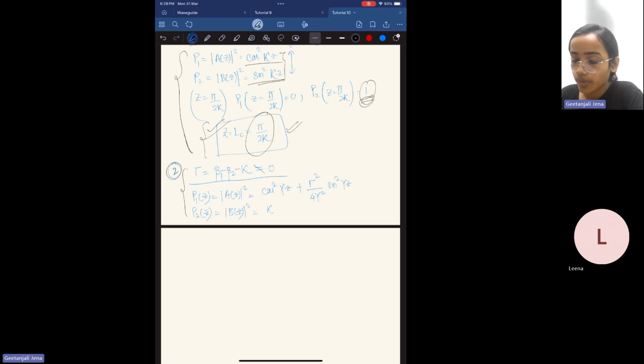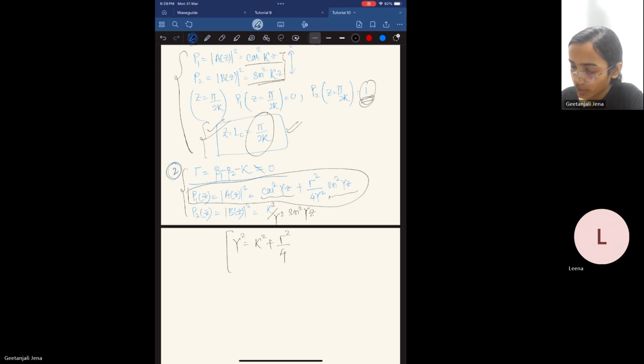When we have gamma not equal to 0, the power expression is: for the TE0 mode, cos square of the square root of kappa square plus gamma square by 4 times z, and for the TE1 mode, kappa square over the square root term squared, times sine square of that term times z, where that term squared is kappa square plus gamma square by 4.